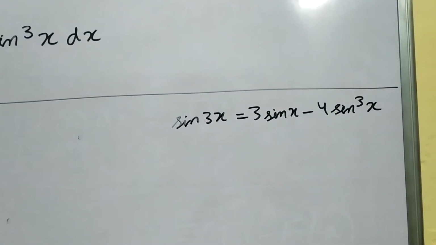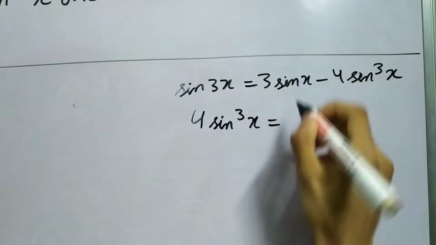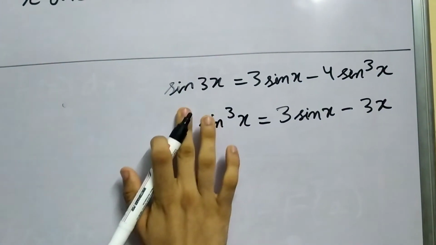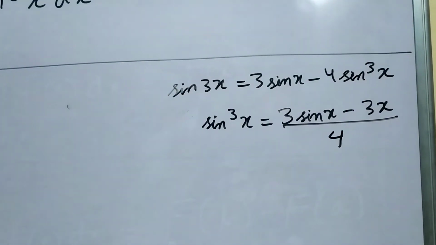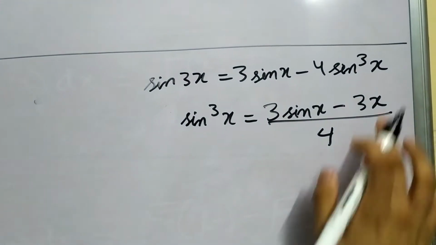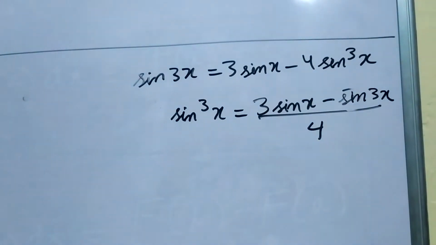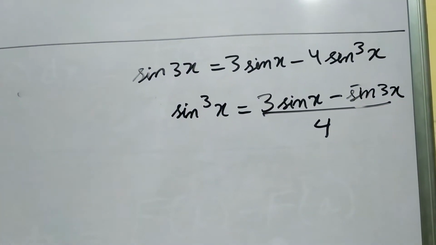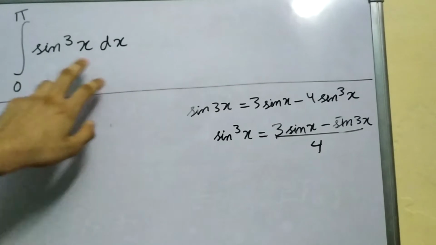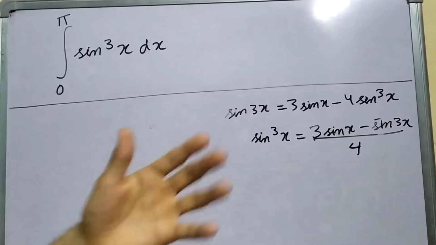So this gives that 4 sine cube x is 3 sine x minus sine 3x, and 4 goes to the denominator, so we get sine cube x as 3 sine x minus sine 3x, divided by 4. This is how you usually integrate trigonometric functions: you use your trigonometric identities and then put them in your integral, because it's much more convenient.